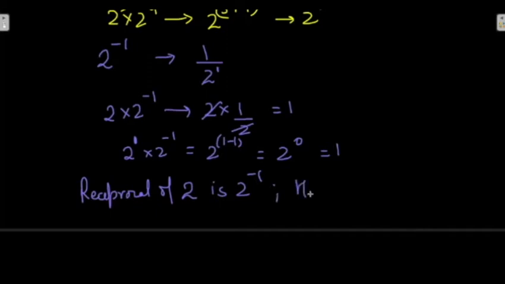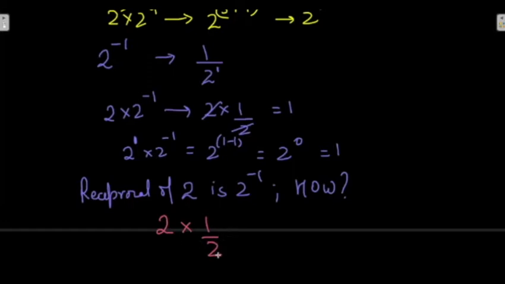The question arises, how? The reciprocal of 2 is 1 by 2, and when we multiply them, the answer is 1.